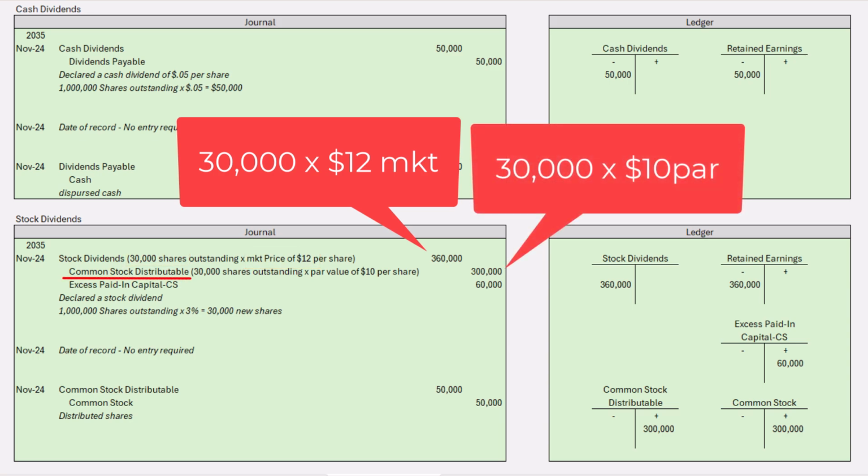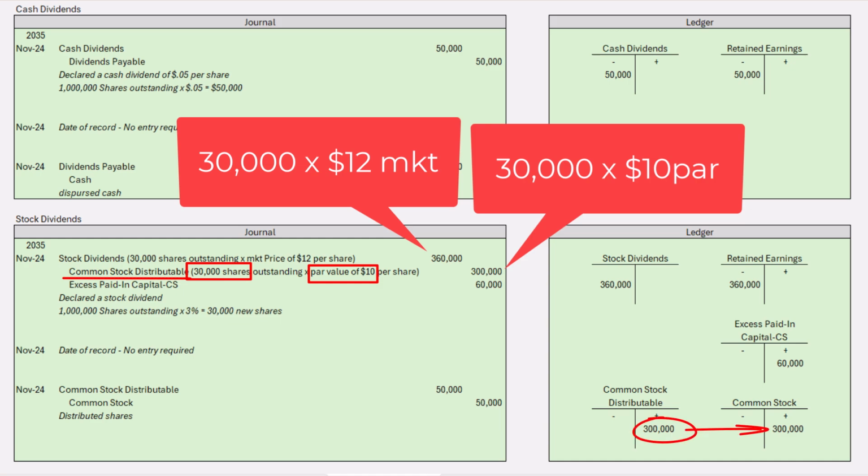Now that's a weird account. That is an account very similar to common stock, but since the common stock technically has not been given to anyone yet, it's kind of like a liability in that we plan to distribute it, and yet since it's not cash, we don't call it a payable. So this weird account exists sometimes for a short period of time.